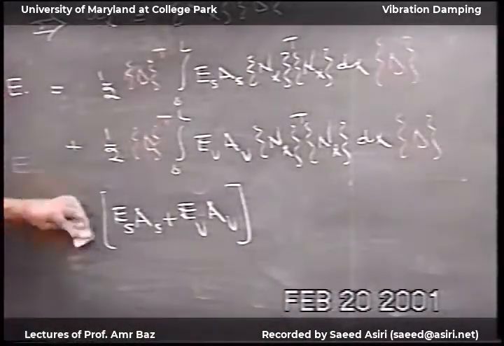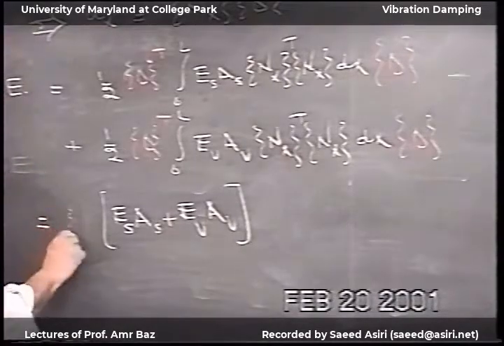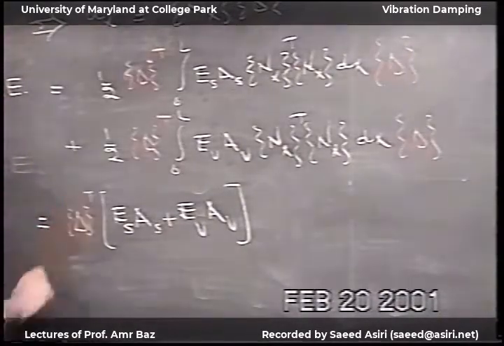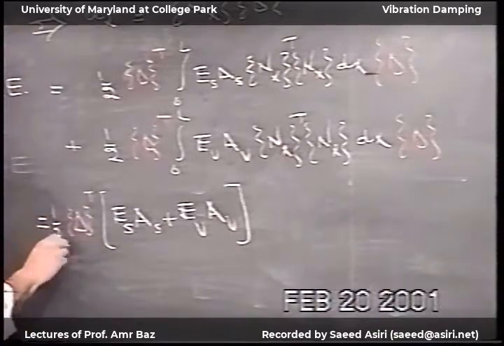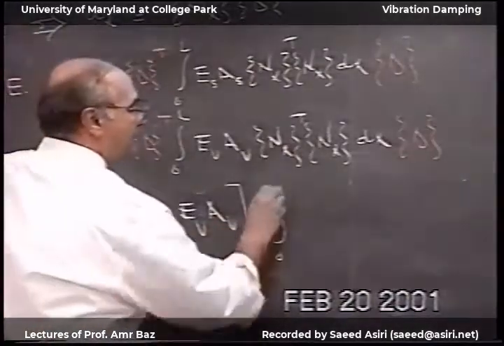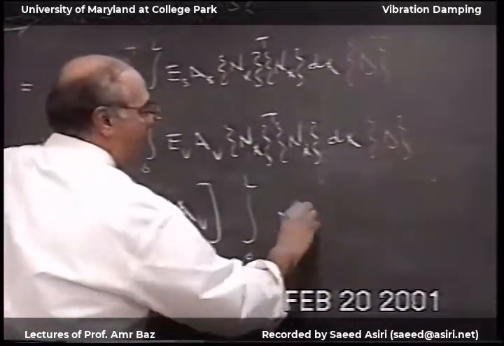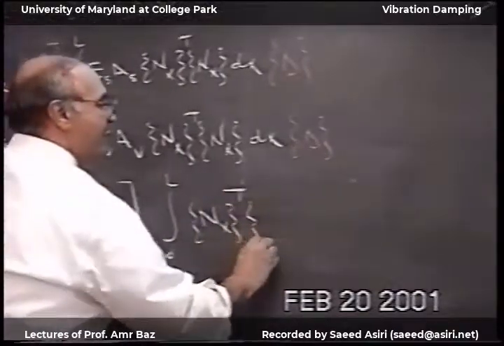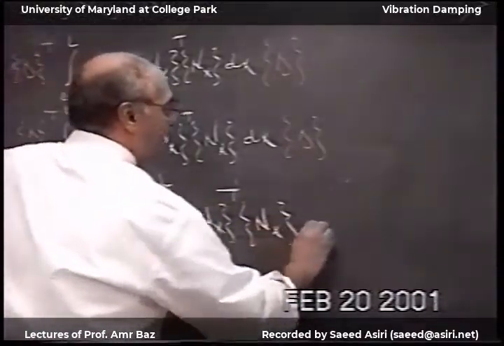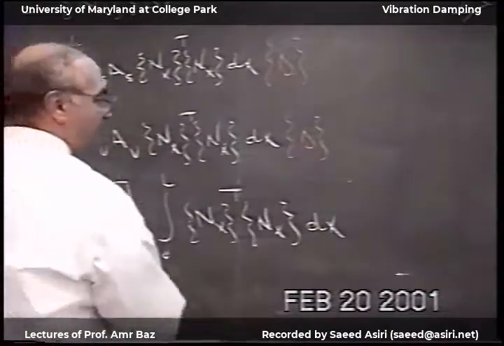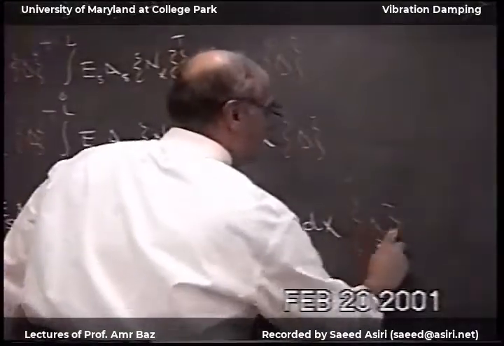Let me put here delta transpose, and then 1/2, and then we have integral N of x transpose N of x dx and delta.